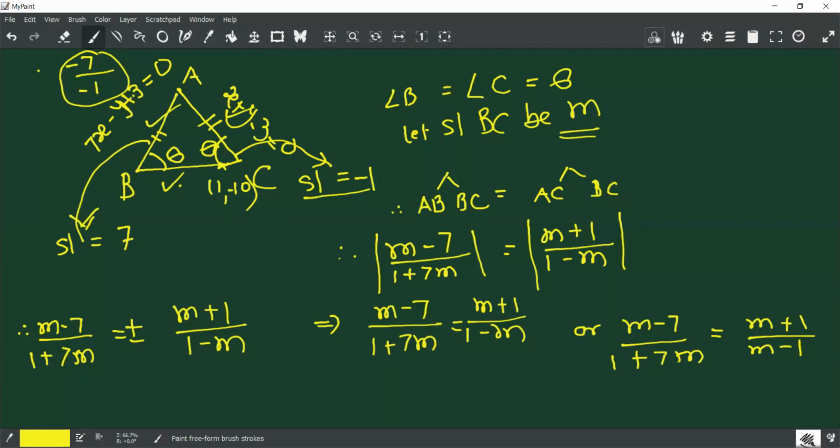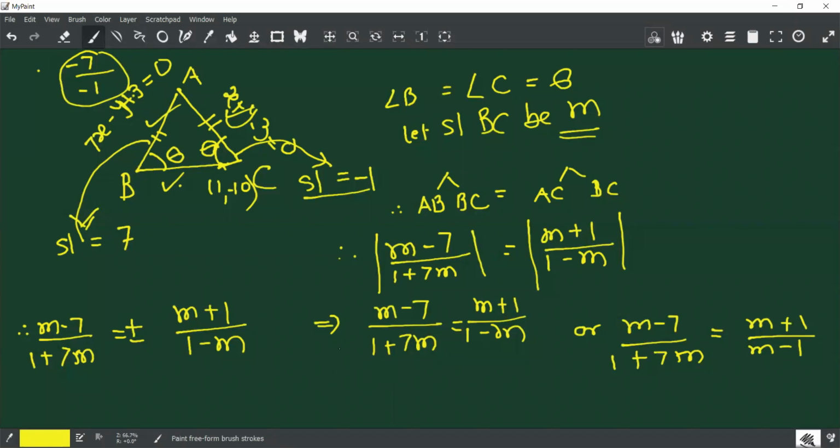Now I assume the slope of BC to be m, correct? So m1 minus m2 upon 1 plus m1 m2 in the modulus sign. I use the angle between AB and BC, then the angle between AC and BC. To remove this modulus sign, one way is to square both sides and cross multiply, but then you will be getting the fourth power.